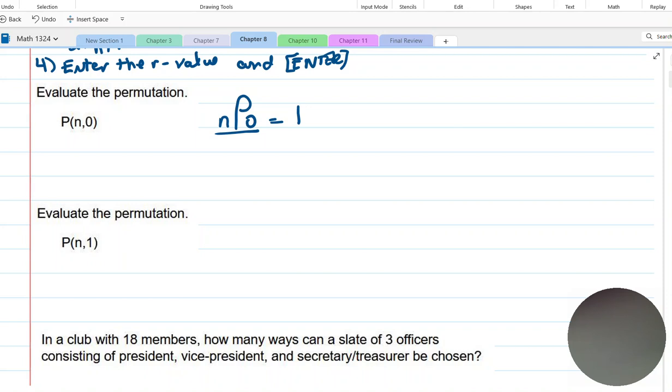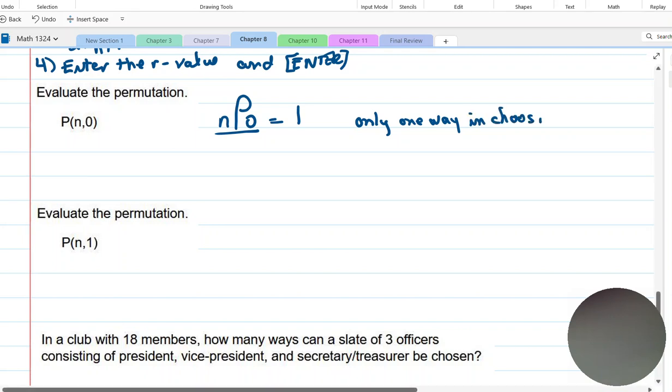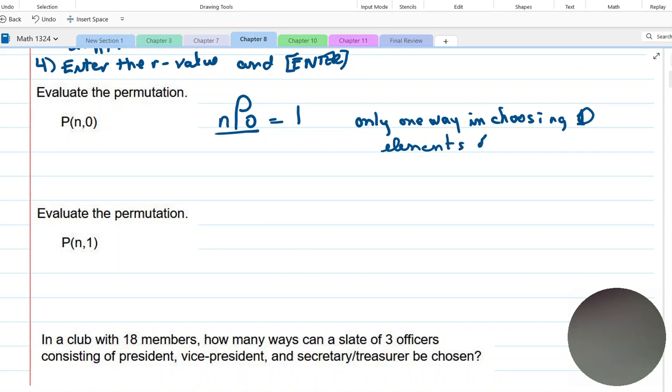There's only one way in choosing none. One way. So there you have it.